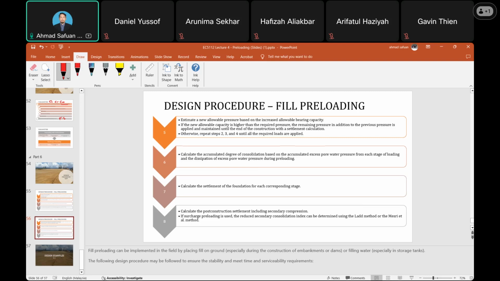Then compare with our estimations, and it should not be greater than 250 millimeter.